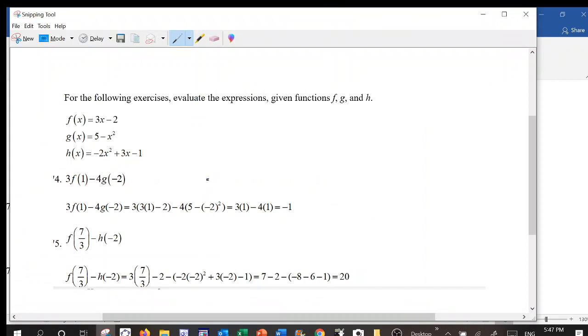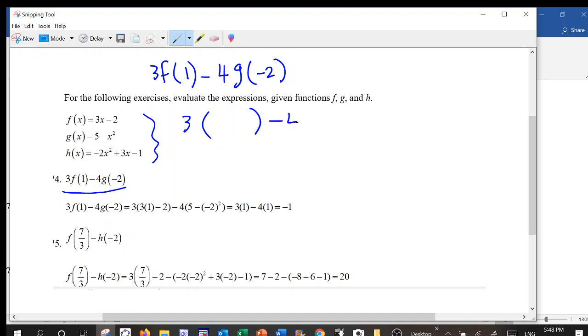So this expression says take 3 and multiply it by f of 1, then subtract from it 4 times g of negative 2. So we're going to put 3 here, and then we want to find f of 1 minus 4, and we want to find g of negative 2. So this goes here, and this goes there.